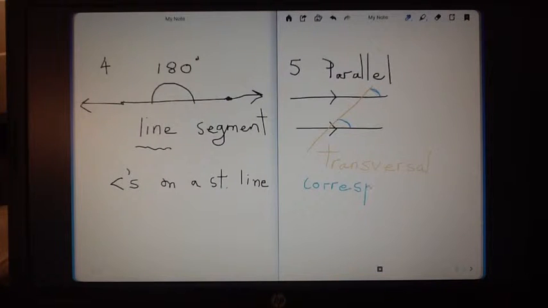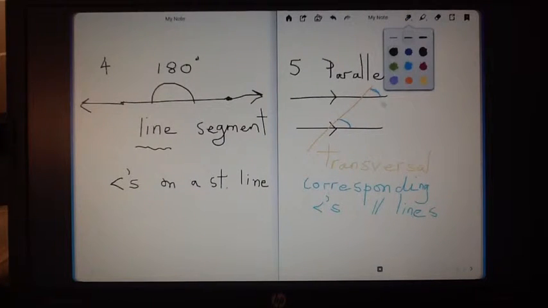Corresponding angles, parallel lines, okay, and the lines must be parallel for the corresponding angles to be equal.